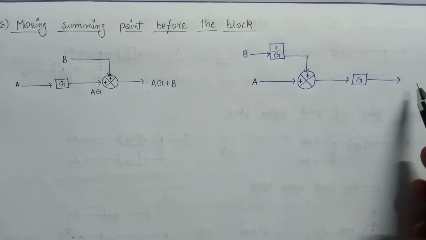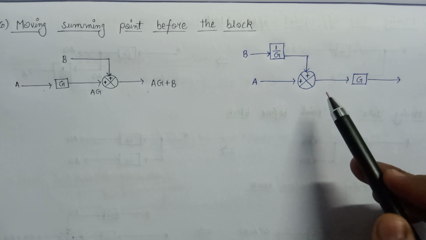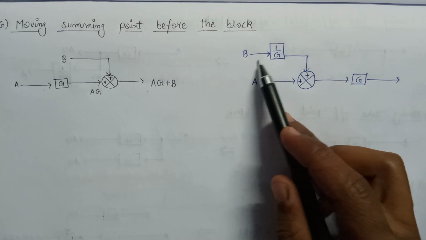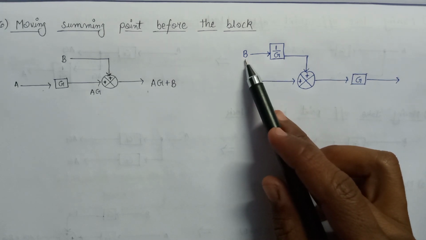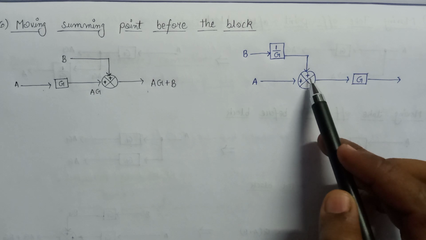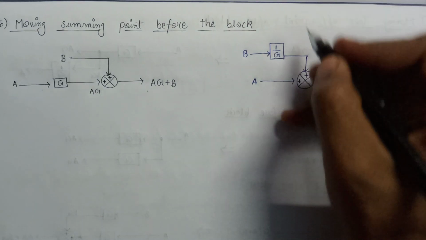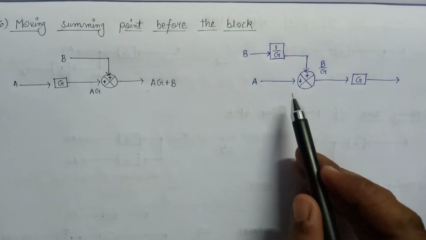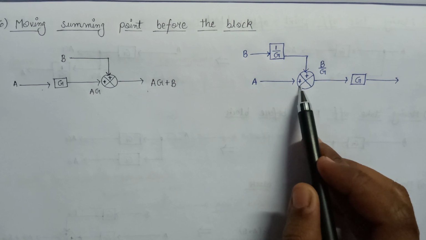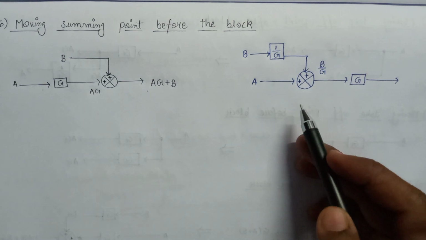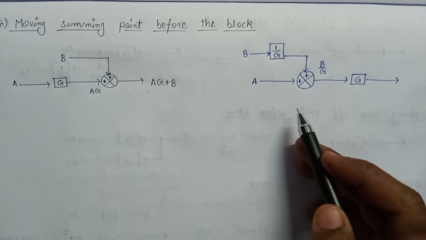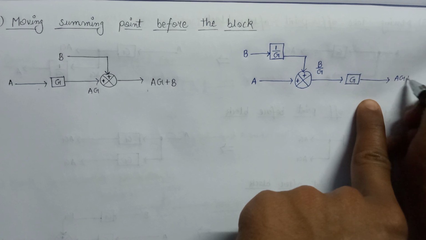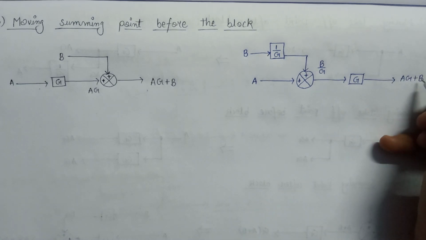Now let's calculate the overall output of this circuit. Here the input, that is the multiplication of B and 1 over G, is applied to this block. So this will become B over G, and the input A is applied. Now it will become AG plus B in the final output.